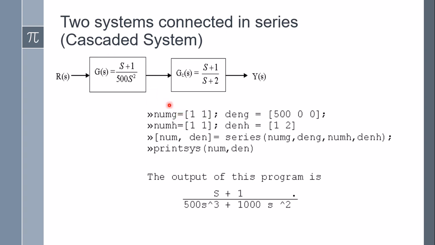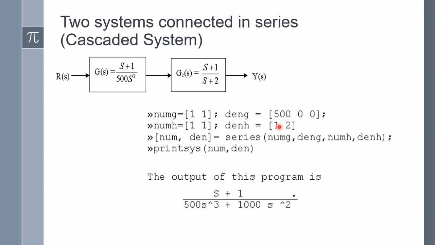Here, in the numerator of G(s), it is taken as 1, 1, considering the coefficients, and the denominator is 500 s square, with no term associated with s and no constant coefficient, so it is represented as 500 0 0. For the second system Gc(s), the numerator coefficients are 1 and 1, and the denominator coefficients are 1 and 2. So the numerator is declared as 1 comma 1, and the denominator is defined as 1 and 2.